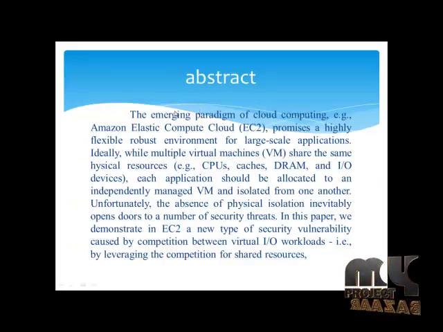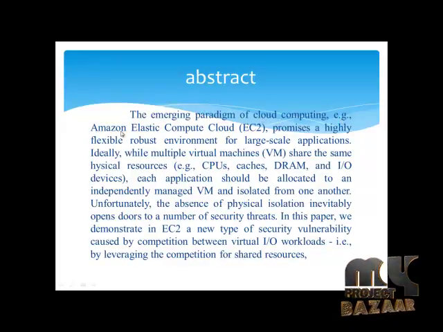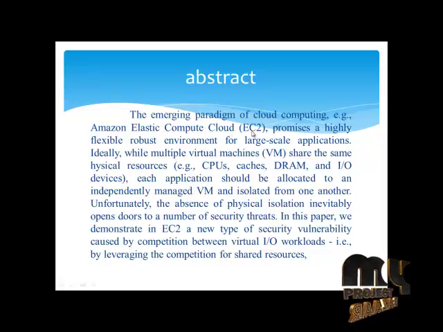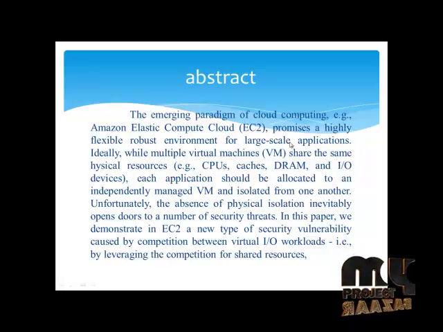Our project abstract: The emerging paradigm of cloud computing. Example: Amazon Elastic Compute Cloud (EC2) promises a highly flexible, robust environment for large-scale applications, ideally, while multiple virtual machines share the same physical resources.